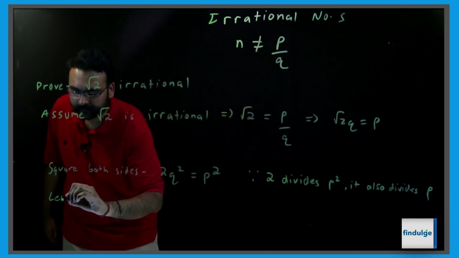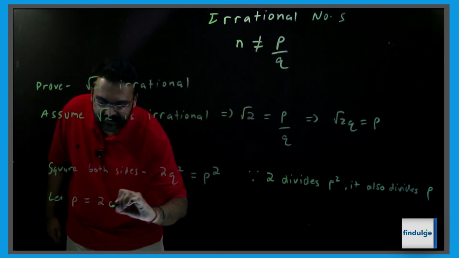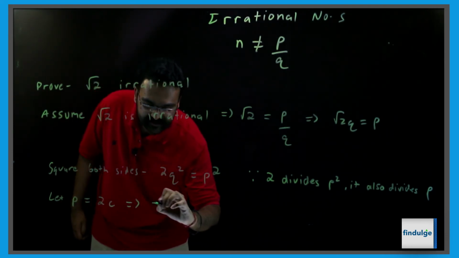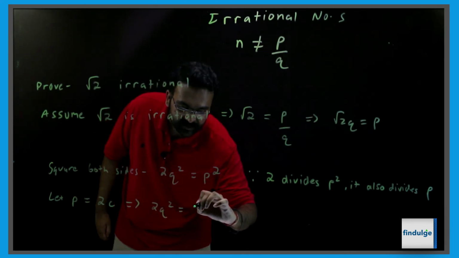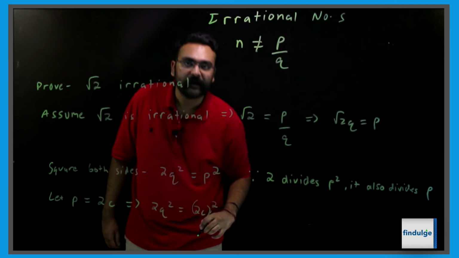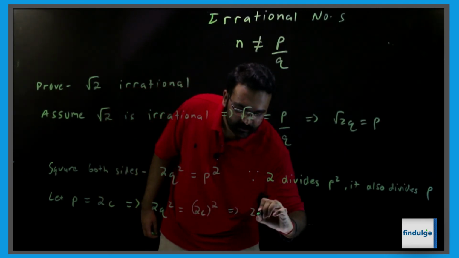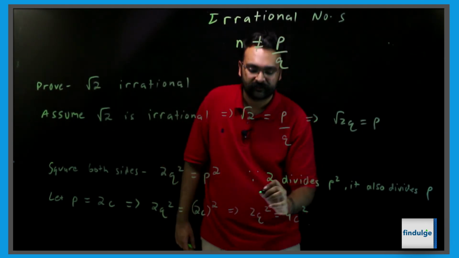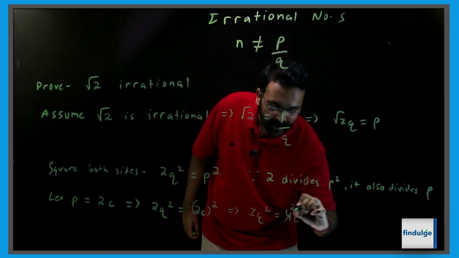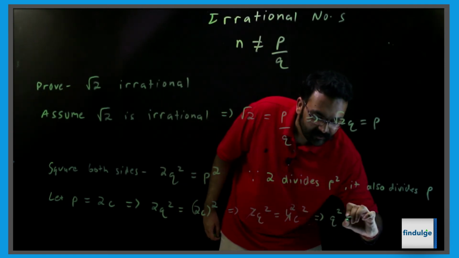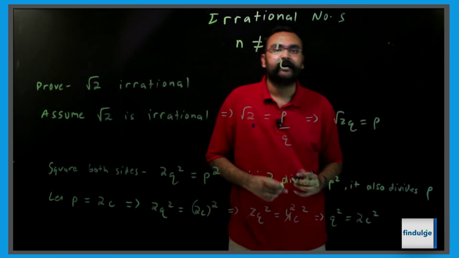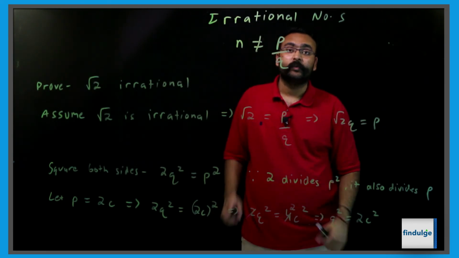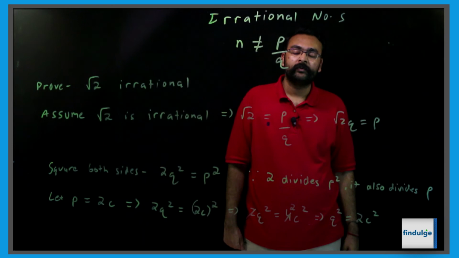So let p be equal to 2c. I'll replace it over here. This implies 2q square is equal to 2c whole square, which implies 2q square is equal to 4c square. 2 and 2 will get cancelled. I'll be left with q square is equal to 2c square. So once again, I have 2 dividing q square, which means 2 divides q.